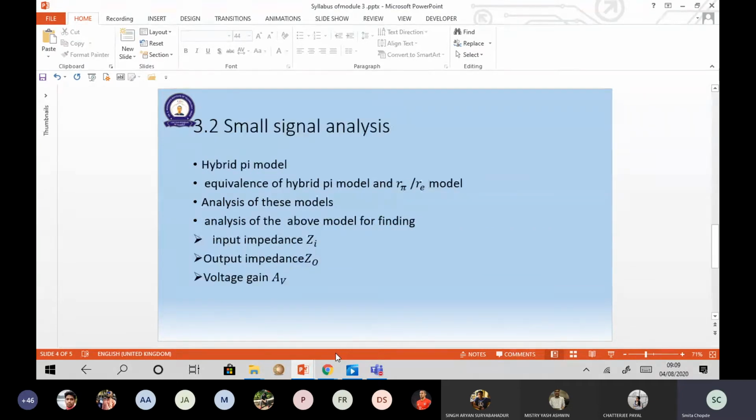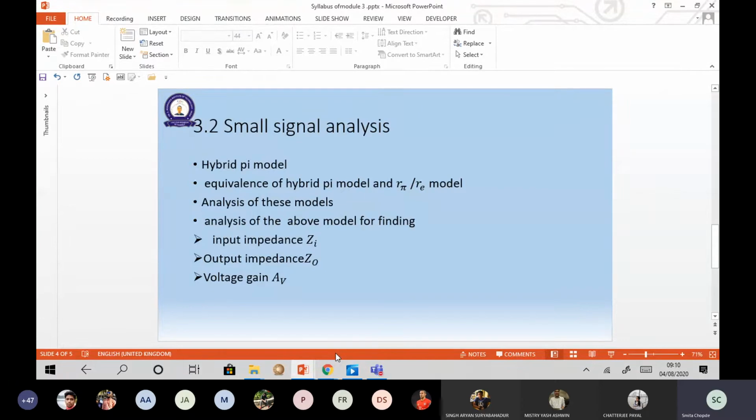Next is 3.2, that is small signal analysis. Here you will be learning about the hybrid pi model, and the equivalence of the hybrid pi model and the RE or R pi model; both are equivalent. You will learn how they are equivalent, and based on that, the analysis of these models, that is hybrid pi and RE and R pi models, for finding input impedance, output impedance and voltage gain.